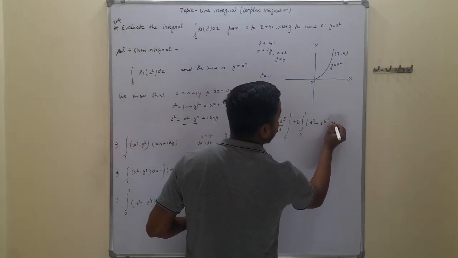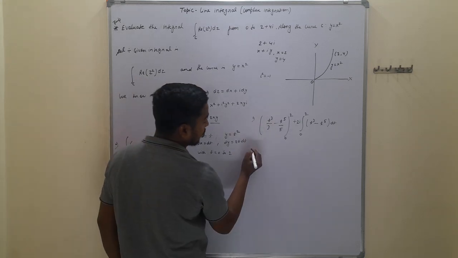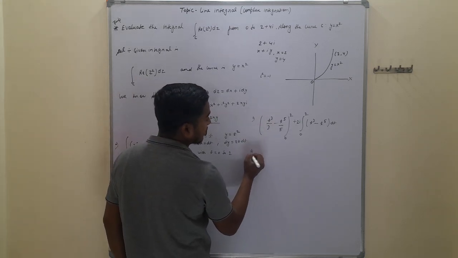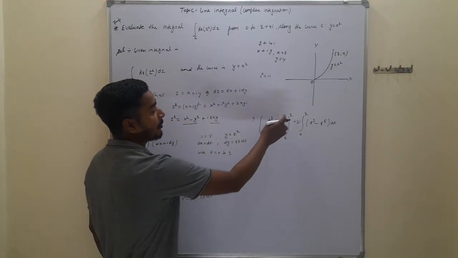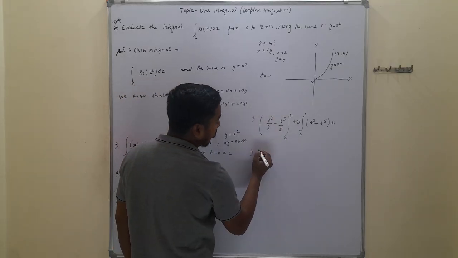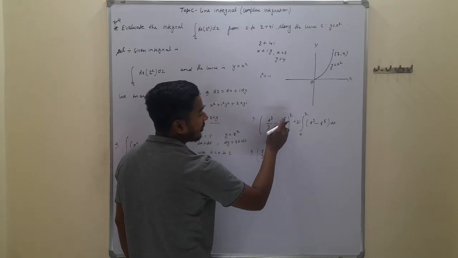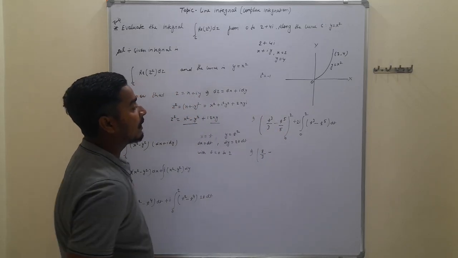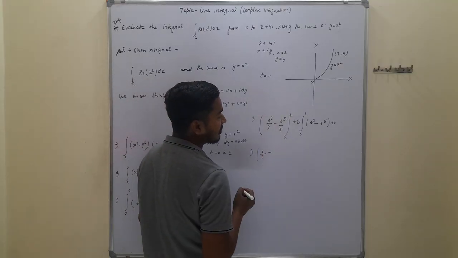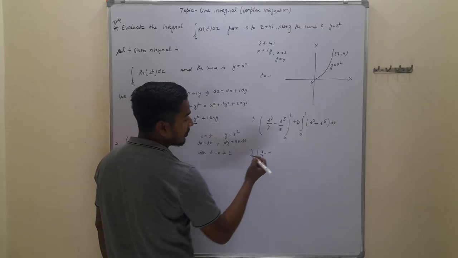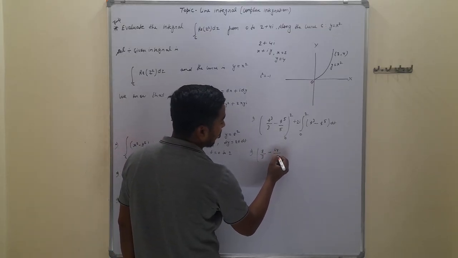Integrating the first integral, on putting the upper limit 2 in place of t, this gives 8 upon 3, minus 2 to the power of 5, which we wrote as 64 upon 5.